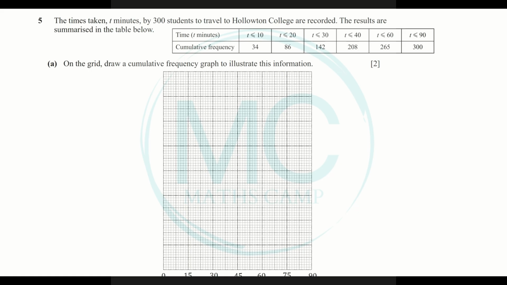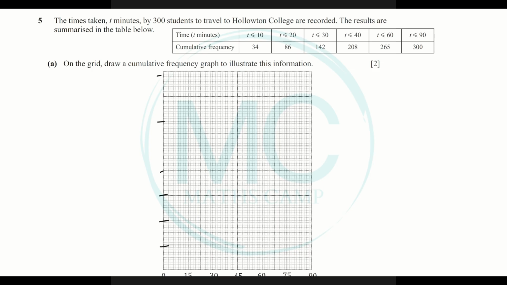I don't have the space to squeeze this in here, but in your exam, you should write time along your x-axis just so your marker knows what you are working with. Cumulative frequency runs along the y-axis. We have 1, 2, 3, 4, 5, 6, 7, 8 blocks. Let's take my calculator.